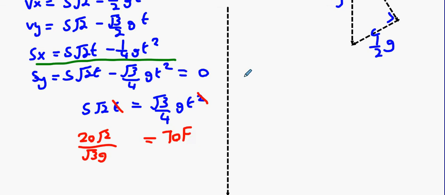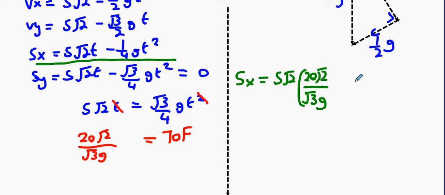And what we get is 5 root 2 t, 20 root 2 over root 3g. And then minus a quarter g t squared. Now I'm going to square that right now.